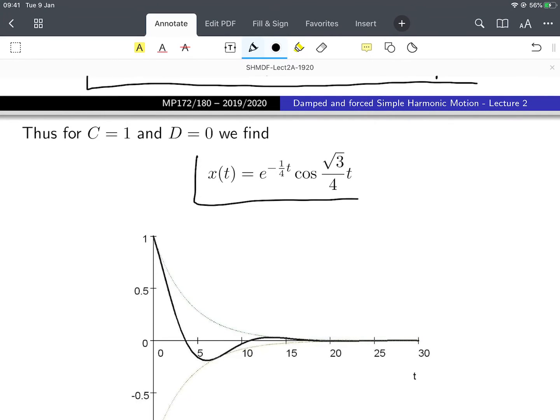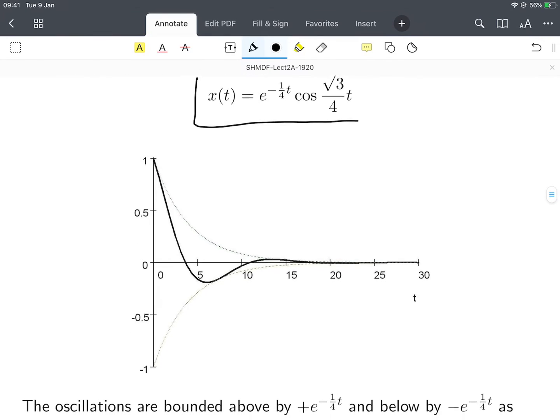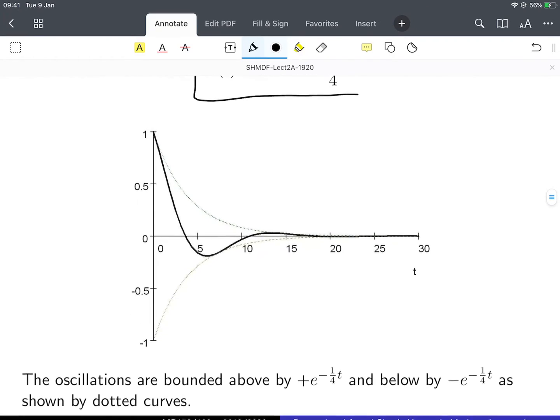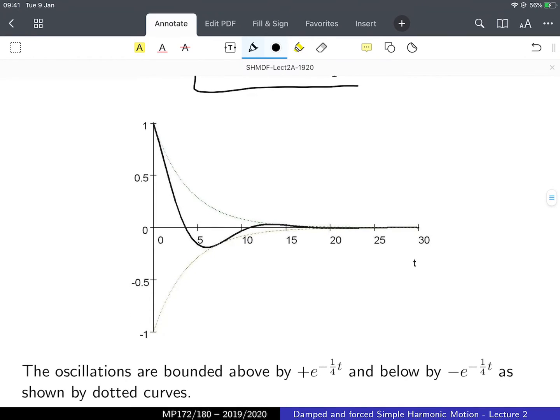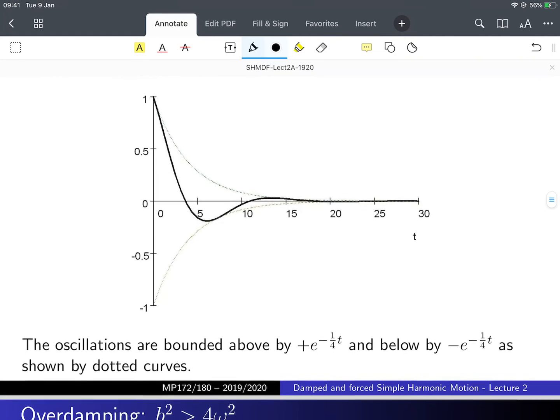And if I plug that into any computer system, say Wolfram Alpha for instance, I will get this curve here, the thick curve that's oscillating and decaying between the exponential shapes that are in dotted lines.